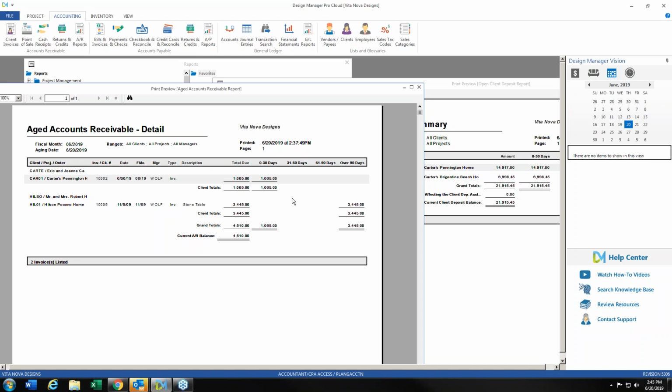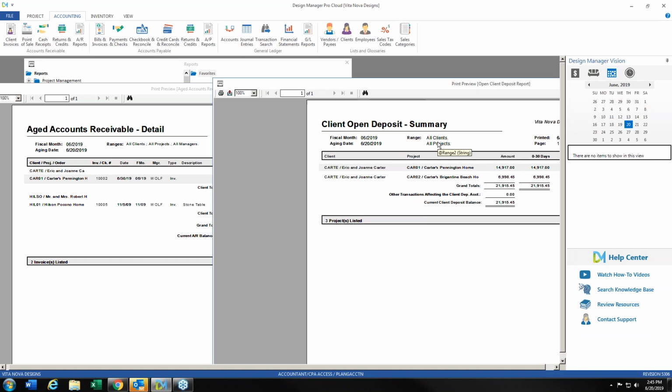We really need to get on the phone and get this money from clients. And then when we reviewed the client open deposit, it was just a matter of, wait, someone needs to go in and make sure that these payments that were received in the holding account are actually connected with the appropriate client invoice.